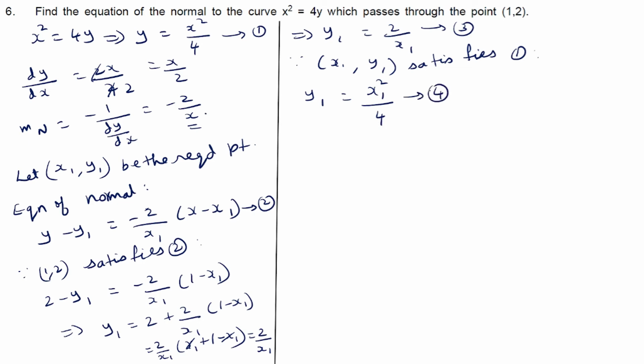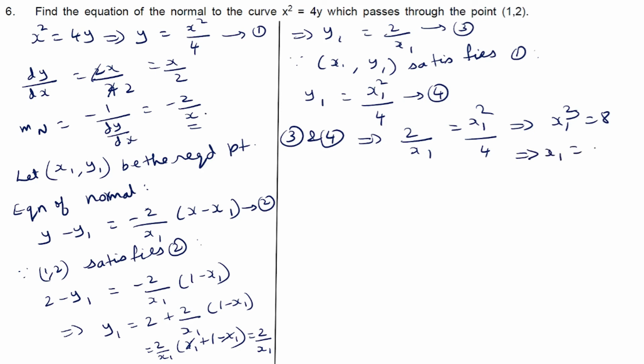Let us mark this as 4. Here we can see that these two are equal. So 3 and 4 imply 2 by x1 equal to x1 square upon 4, or we have x1 cube equal to 8. So from this we get x1 equal to 2. So we got x1 as 2.